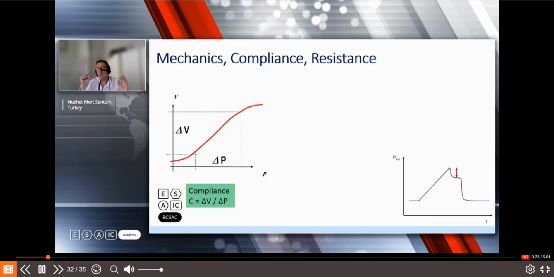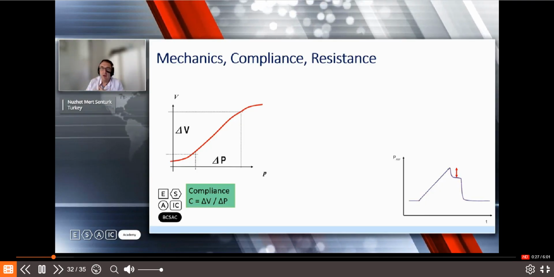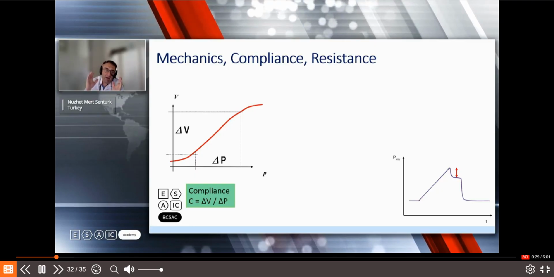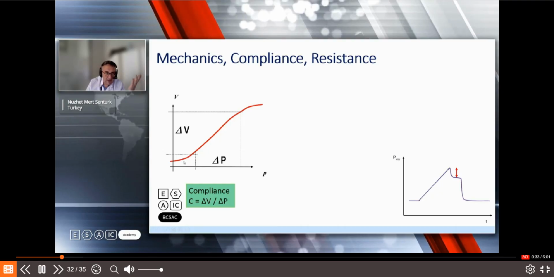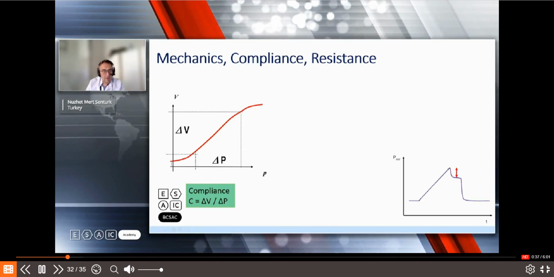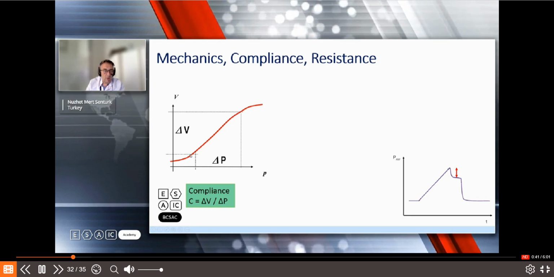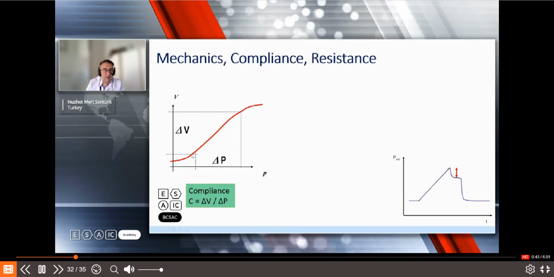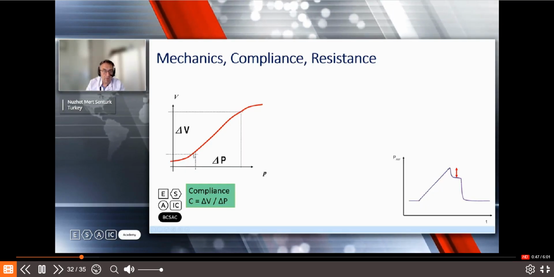If you want to inflate a balloon which is totally empty, a collapsed balloon, you will require a very high pressure. This is a physical rule. Look at here. For the zero volume, to create a volume within the balloon, you would need a very high pressure because the compliance here is very low.